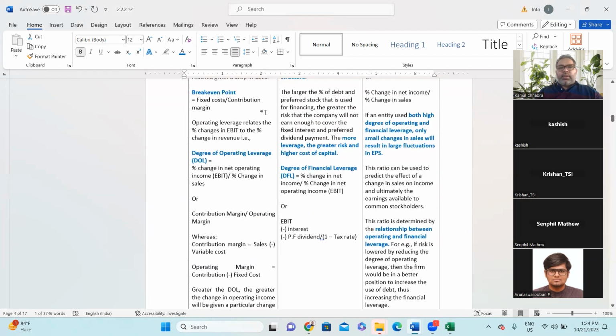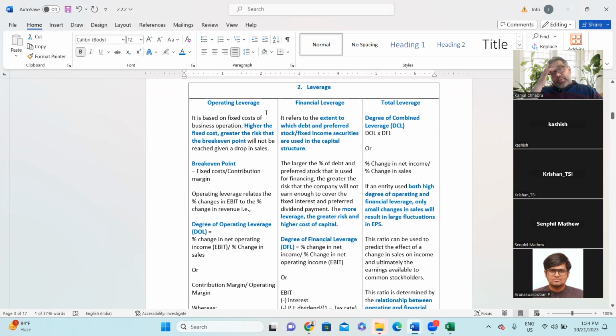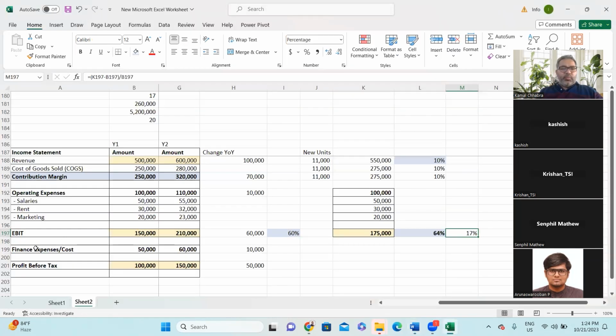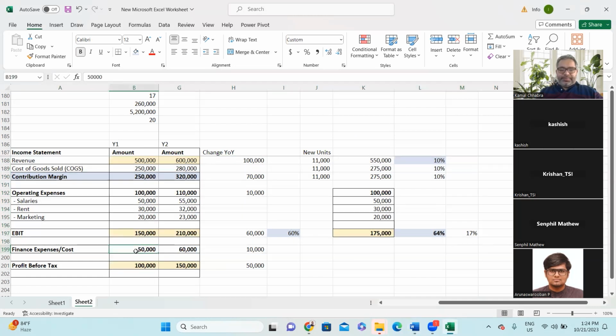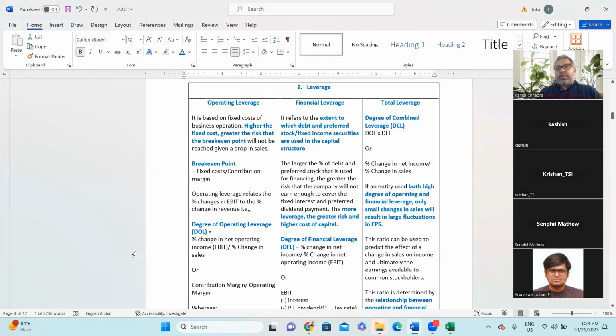So second is financial leverage. Financial leverage, like we were discussing earlier, is more related to financial expenses, financial cost, which is your interest cost or your cost of preference share, which is fixed in nature. It refers to the extent to which debt and preferred stock, fixed income securities, are used in the capital structure.